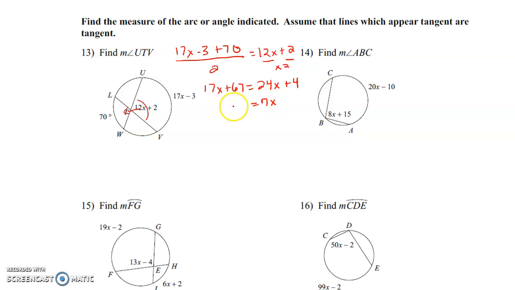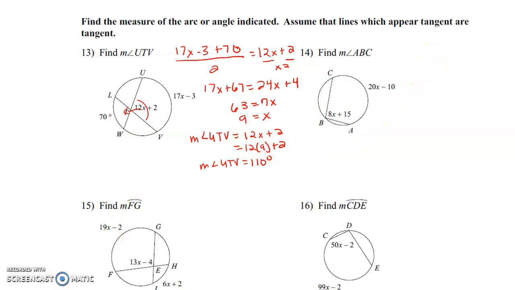I'm going to subtract 4, divide by 7, and I get that 9 equals x. That's not what I had to find though. I had to find the measure of angle UTV. So I'm going to substitute the 9. And I get that the measure of angle UTV is 110 degrees.